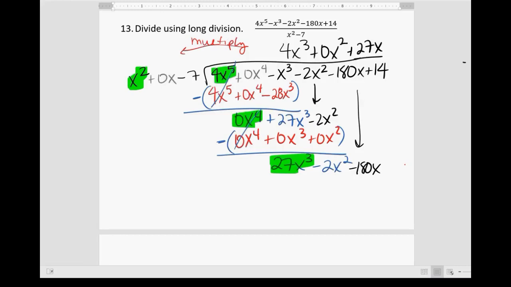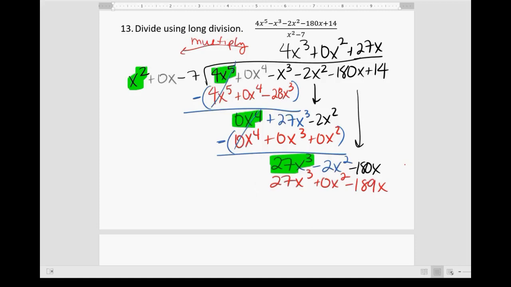Then we're going to multiply. 27x times x squared, 27x cubed. 27x times 0x is 0x squared. 27x times negative 7 is going to be negative 189x.